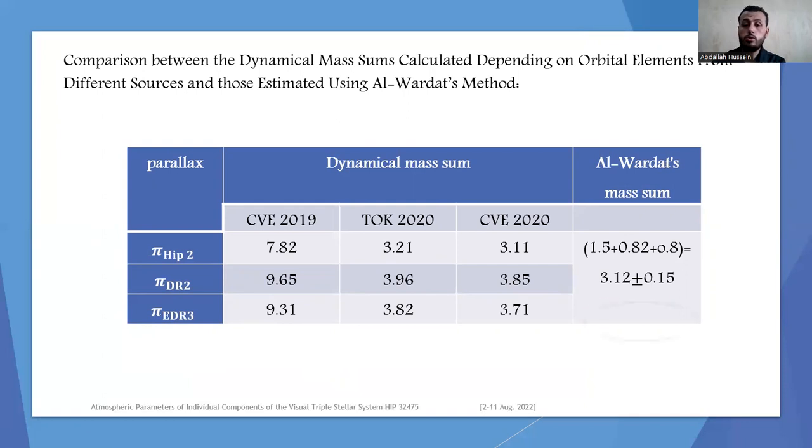It is close to the dynamical mass sum of Tokovinin and Cvetkovic 2020. This is the best solution of the three, that of Cvetkovic, but it needs more positional measurements to have accurate orbits.